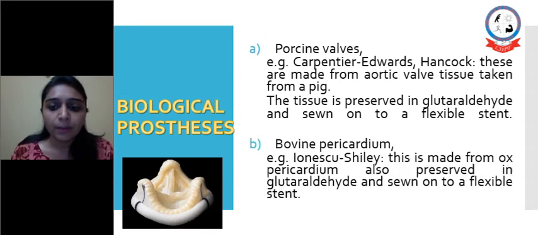Another is bovine pericardium. The example is Ionescu-Shiley and it is made up of ox pericardium. It is also preserved in glutaraldehyde solution and sewn on a flexible stent. On the left side figure, there is a biological prosthetic valve shown along with a stent.